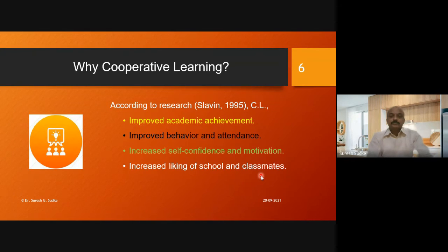Thereby student attendance in the college or school will increase, and the interpersonal relationship between classmates will improve, and therefore bunking of class will not be there. As our students perform for the benefit of their group or peers, it enhances their self confidence and they get motivated.